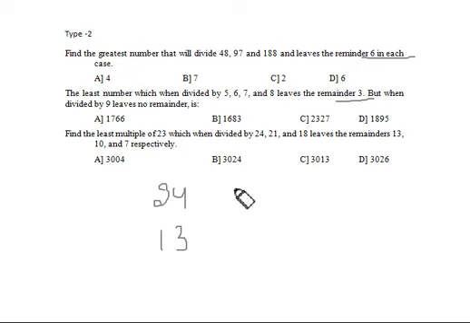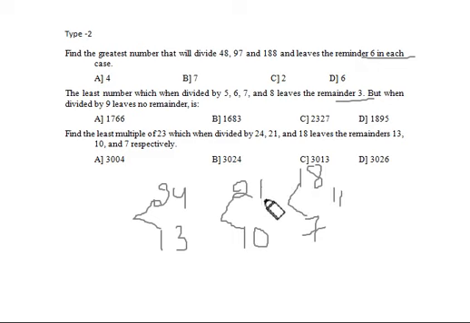When divided by 21 we are getting remainder 10. When we divide it by 18 we are getting remainder 7. So what is the common remainder in these cases? It is 11. 21 minus 10 is 11, 24 minus 13 is 11.